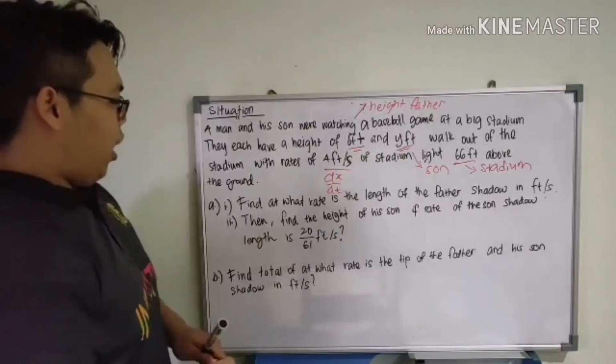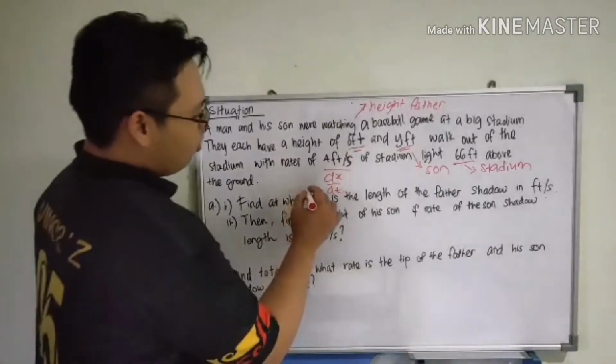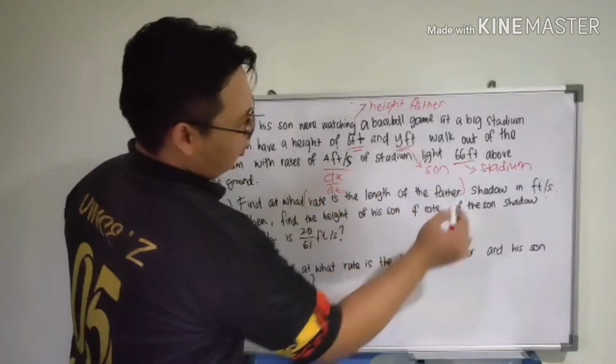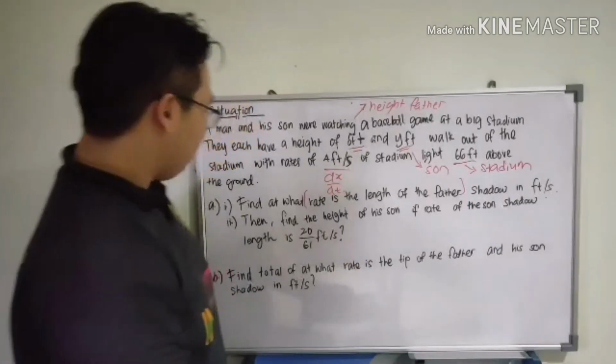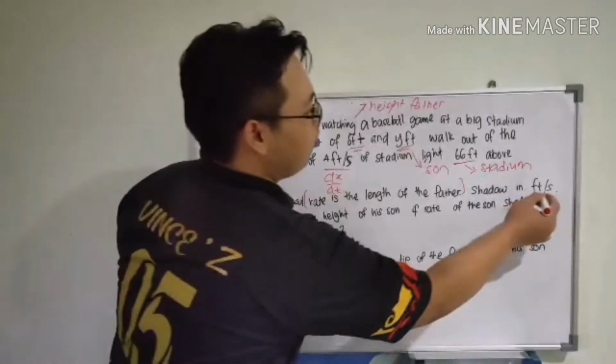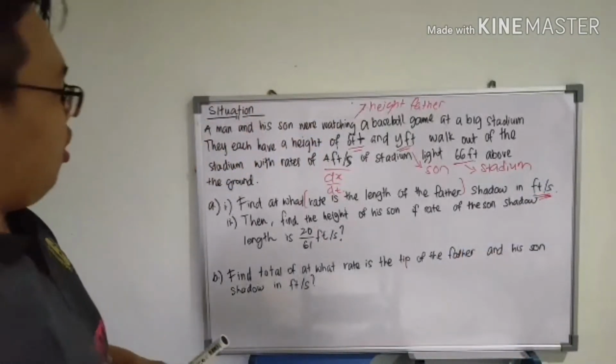So question A, we want to find the rate at which the length of the father's shadow changes. We need to highlight this so we do not forget what the question is, and this is very important: the unit.